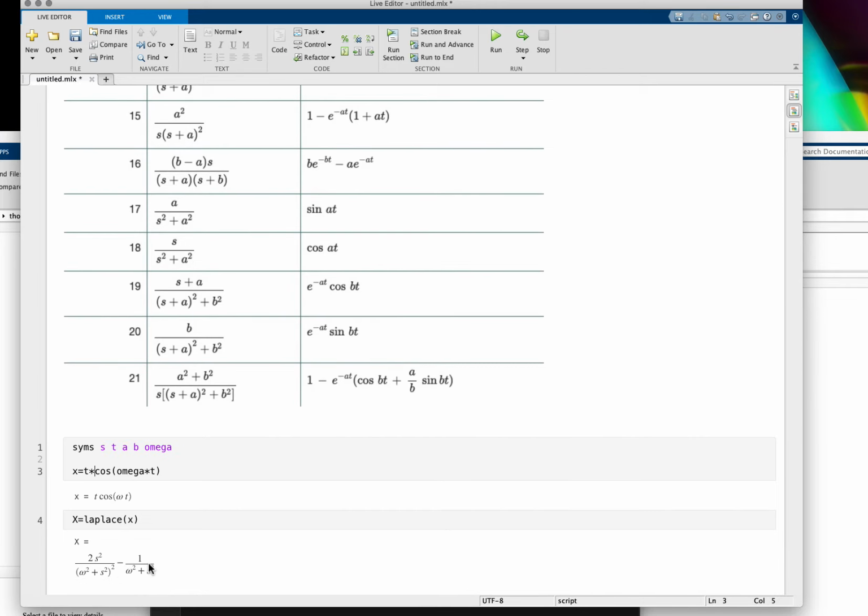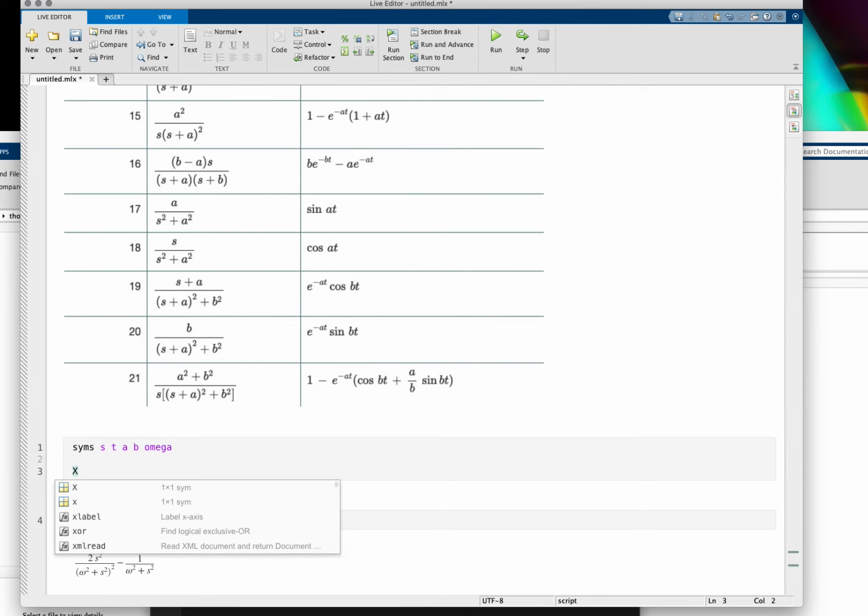One other thing I wanted to show you before I leave this video is what if we wanted to go the other way with this? Let's say we had a capital X, and I said that was going to be 1 over (s plus 5) times (s plus 2).